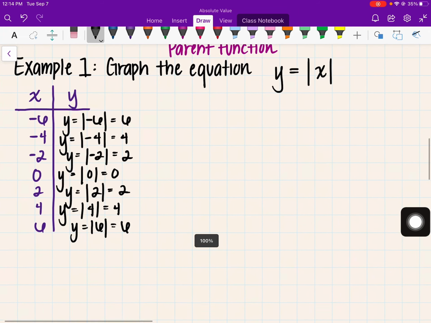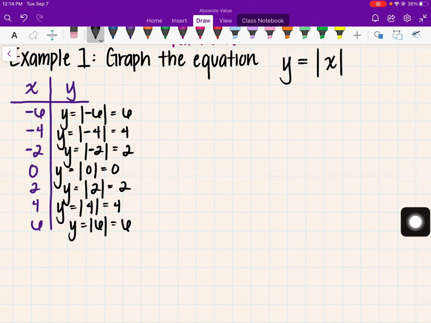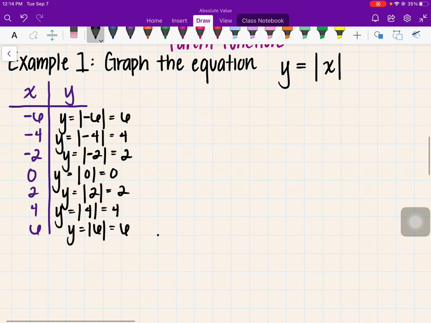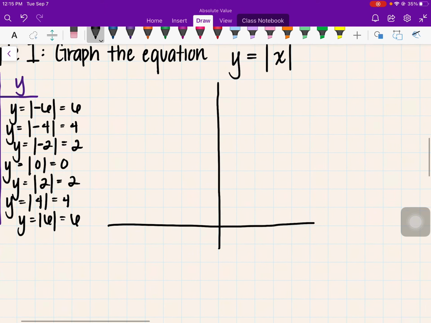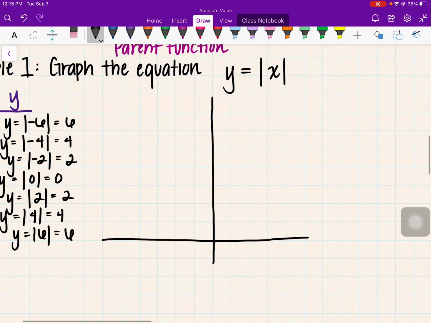So I'm going to go ahead and create a graph here. My graph in this case is going to focus only on the top side, because that's where my graph is actually going to be located. This is x and this is y.